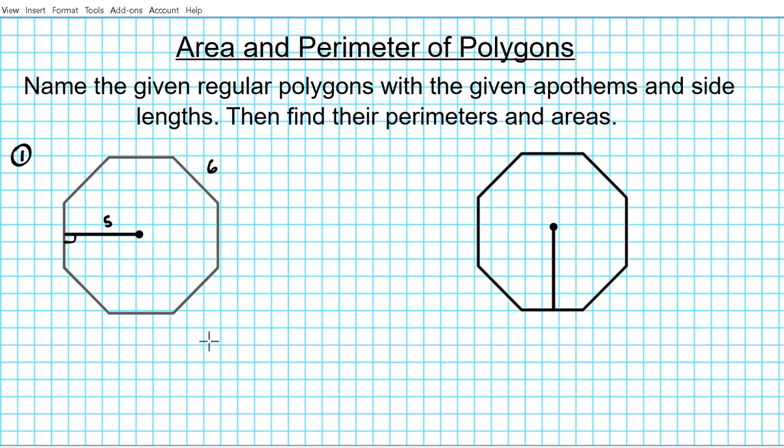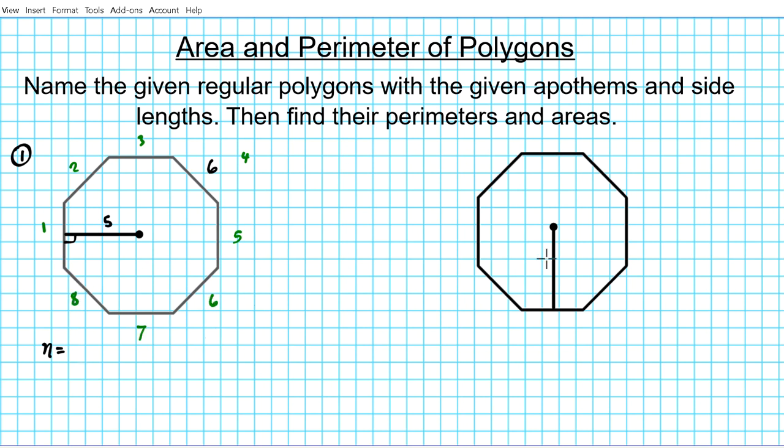All right, so let's start by naming it. To name it, we just need to know how many sides it has. So let's go ahead and count that. n is the number of sides. So starting from here, 1, 2, 3, 4, 5, 6, 7, 8. 8 sides.